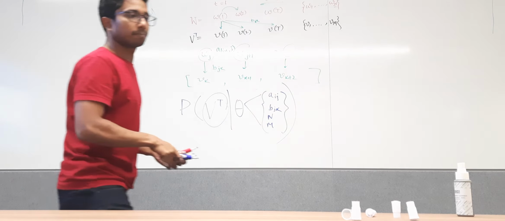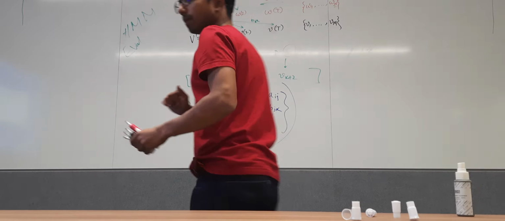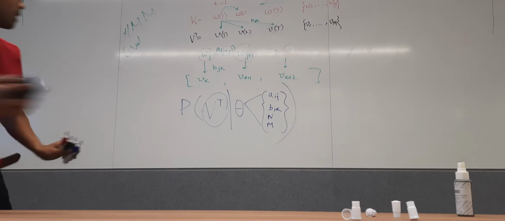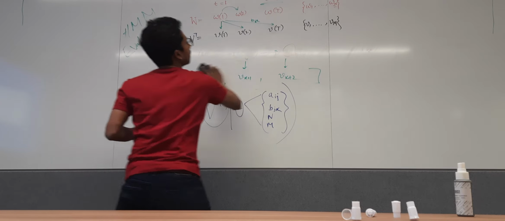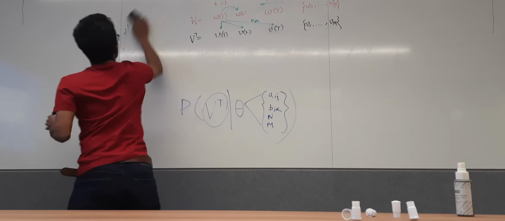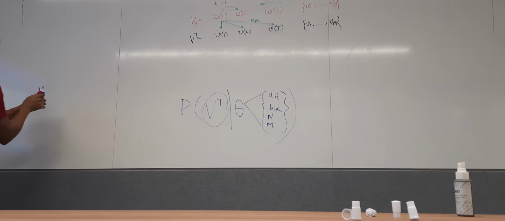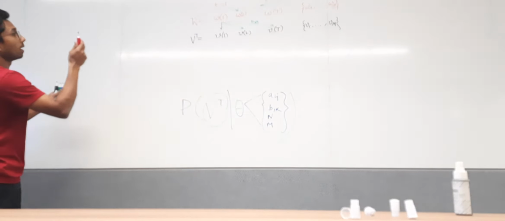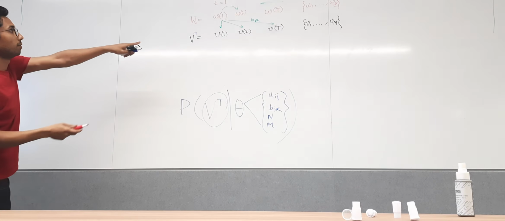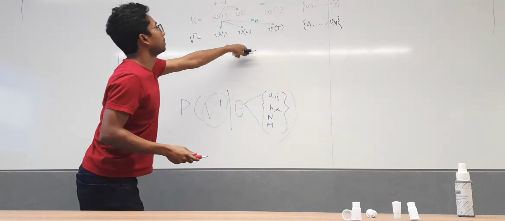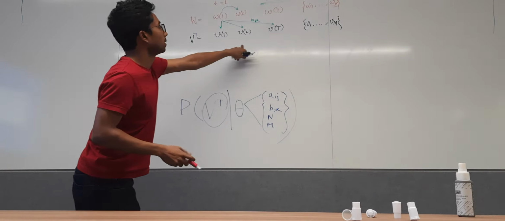What does it mean? Given we know this, we can now write it down something like this. For VT, we can have many possibilities.